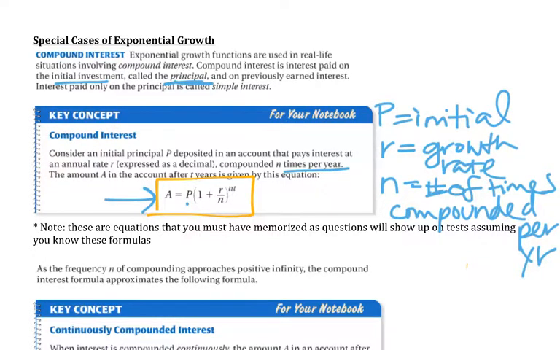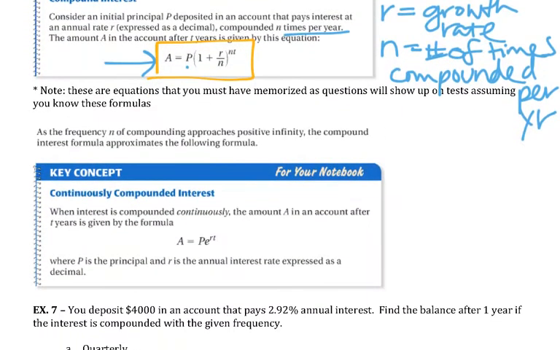Okay, so if we are not just compounding daily, but we're compounding an infinite number of times per year, we call that continuous compound interest. Now, when we're compounding continuously, so at every moment, we have a different equation, and it involves the constant E. So A is the amount of money you will have after interest.